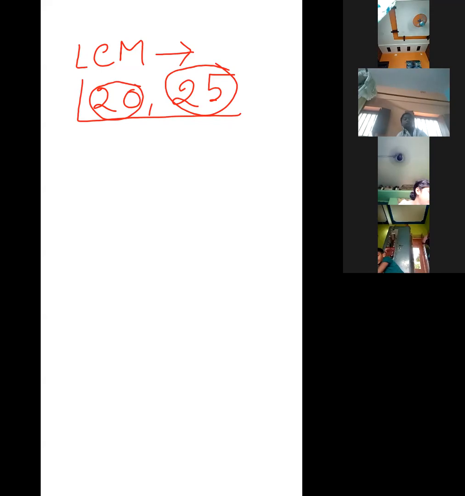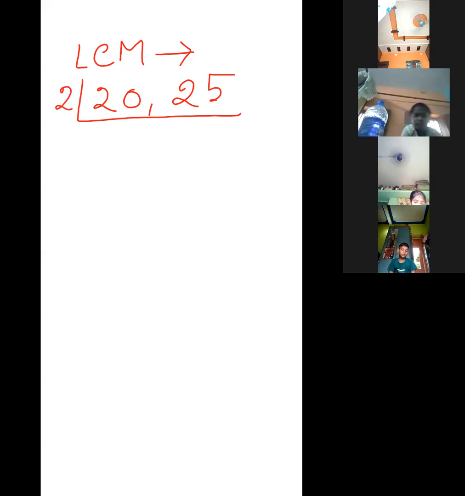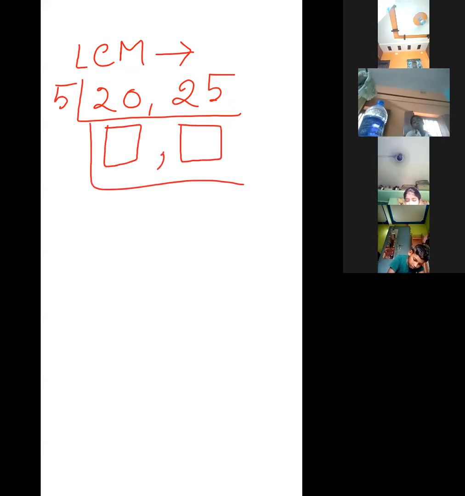Acha, always take a prime number. Suppose we are taking 2, then also it will be okay, but 25 will not be divisible by 2, na? So we'll give the priority to that number which divides both of them. Acha, so what will be in this place and in this place? If we divide 20 by 5, 5 4s are 20, na?